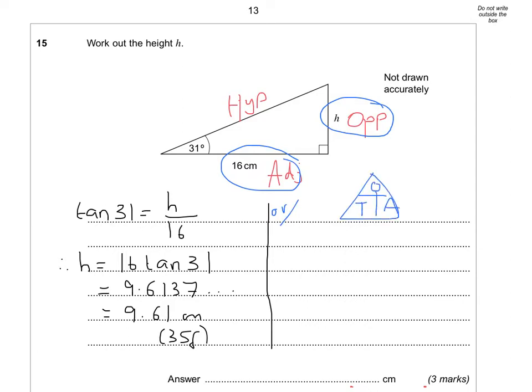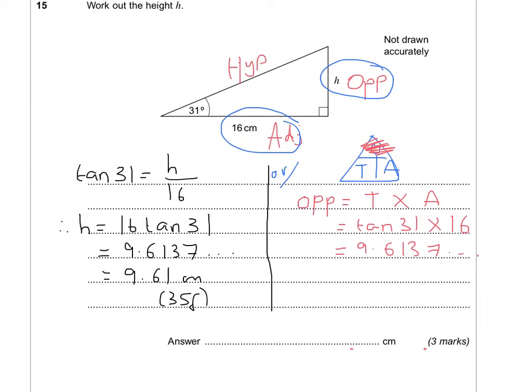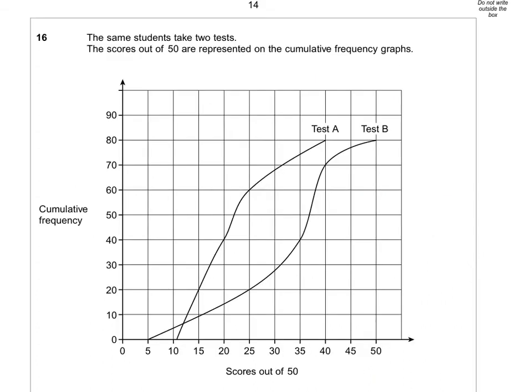Now you're trying to find the opposite, so if you cover that up in your triangle, we know that the opposite is equal to tan times the adjacent, or tan of 31 multiplied by the value of the adjacent, which is 16, which comes to 9.6137, as we saw earlier. So our final answer, 9.61 centimetres to 3 significant figures.